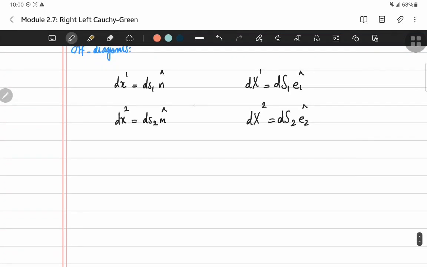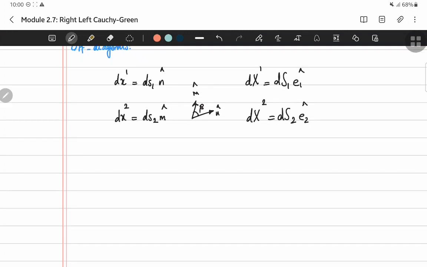Therefore, we can say that this angle we call beta, same as the book. So I have, for example, n in here, and I have m in here, and there is an angle between m and n.